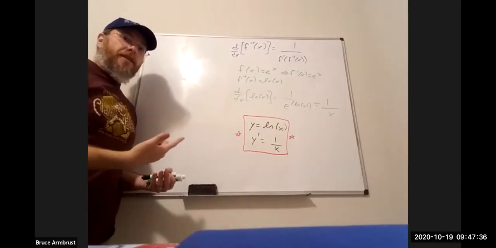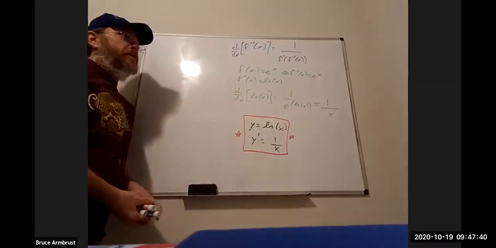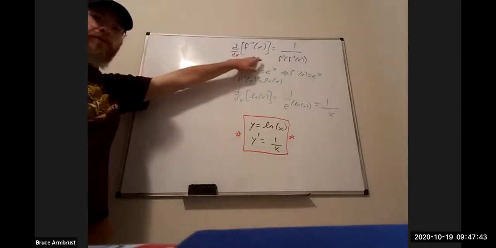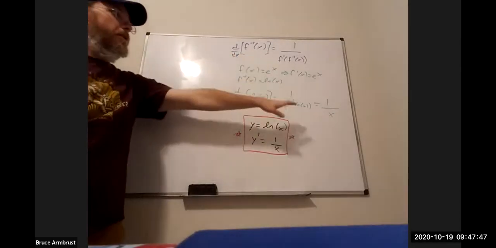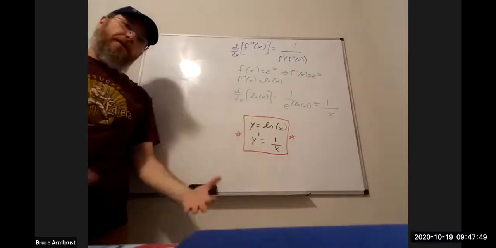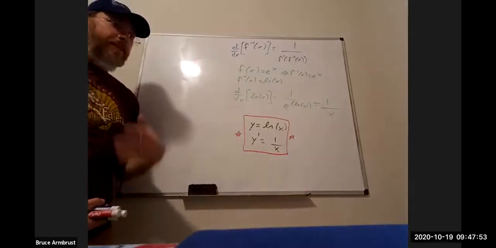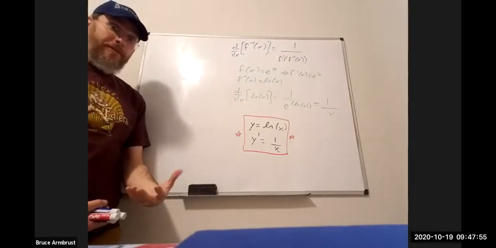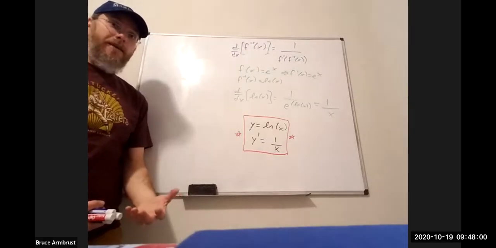And this is another good example. We found this derivative using, well, what we proved about inverses, but also using rules of logarithms and all this other stuff from before. So it's never going away, folks. The stuff you learned before is never going away.